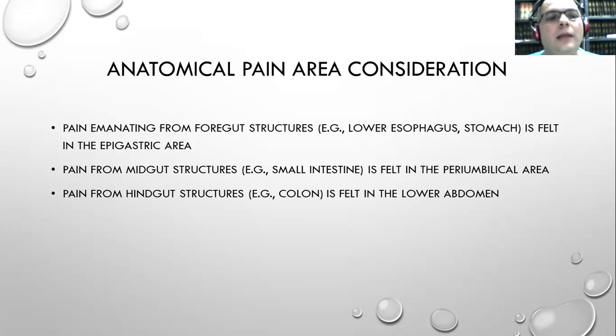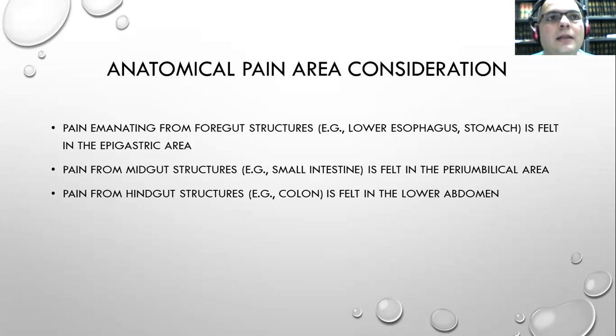So pain emanating from foregut structures, when the pathology is related to foregut organs like the esophagus or the stomach, will be felt in the epigastric area, in the upper abdomen.